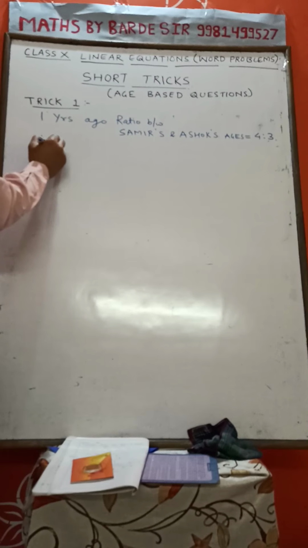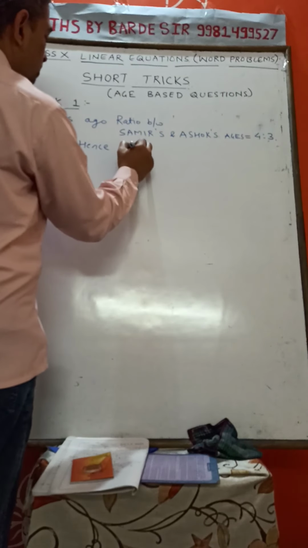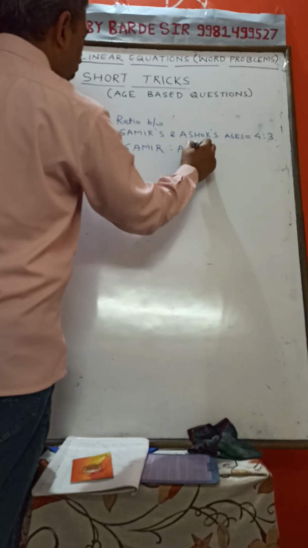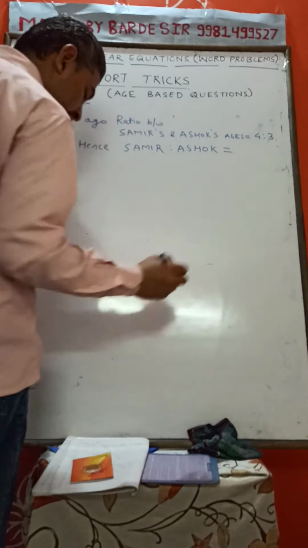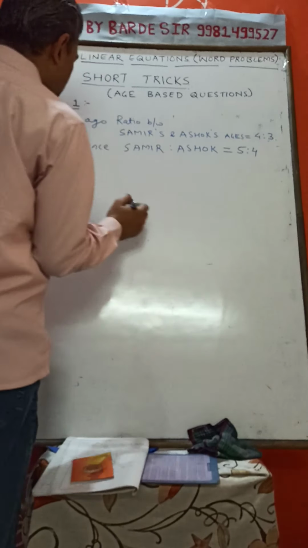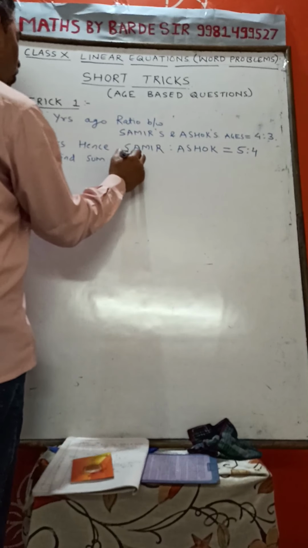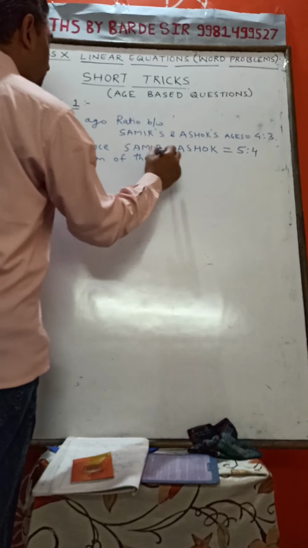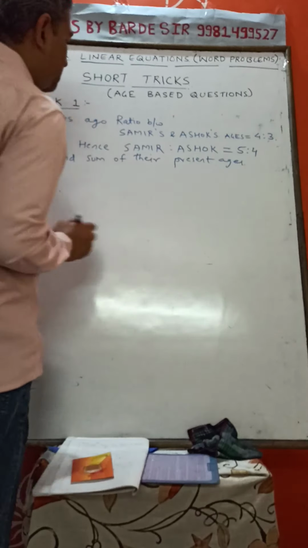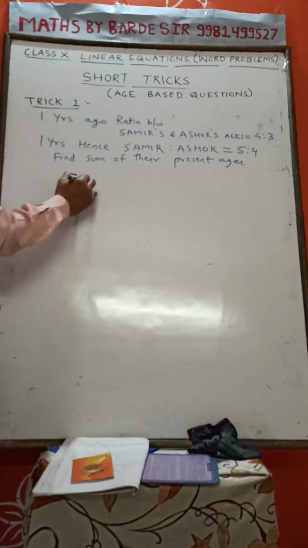And 1 year hence, the ratio Samir to Ashok becomes 5:4. Find the sum of their present ages.